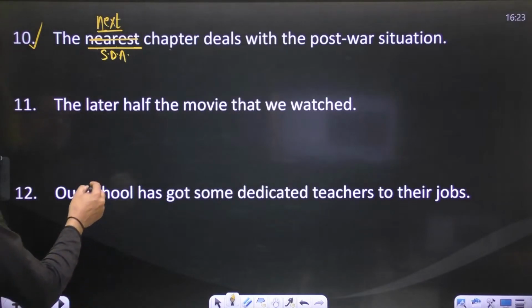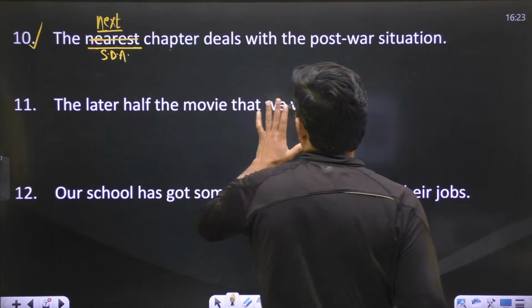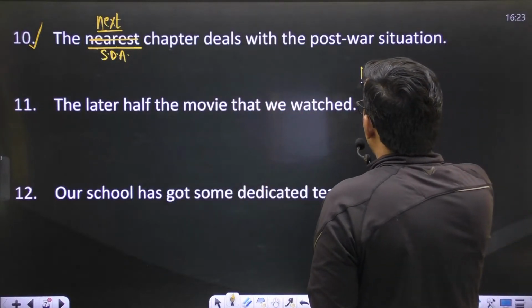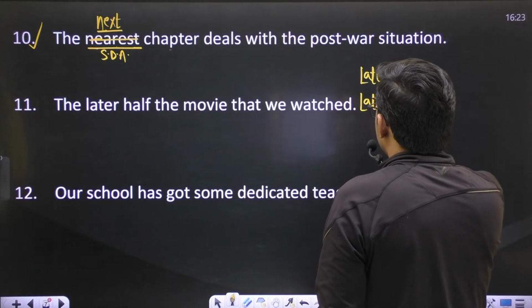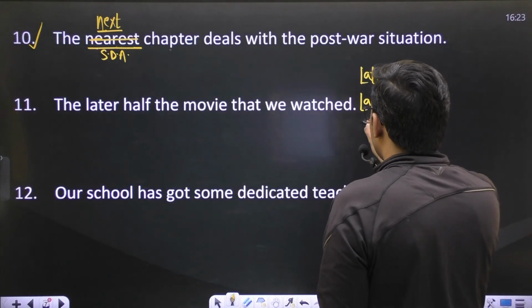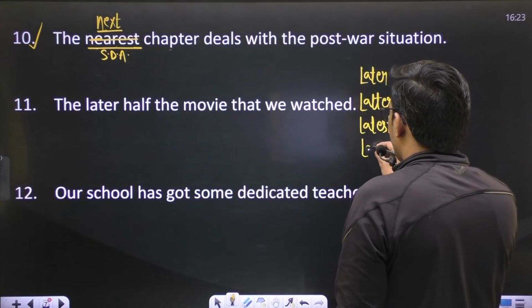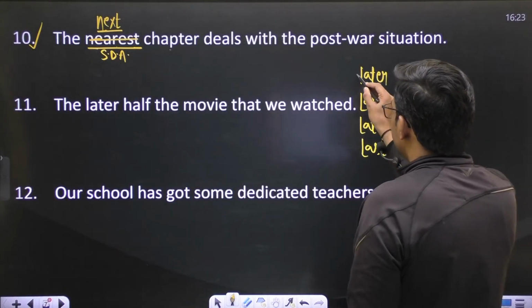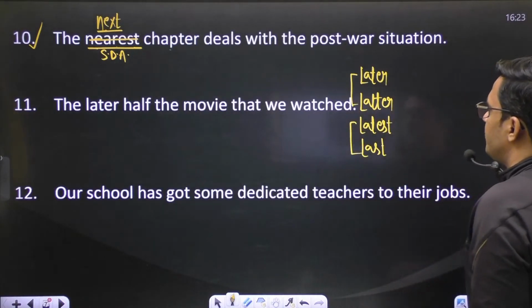Okay, next one is, the later half of the movie that we watched. You know, we have a word later, and another word is latter, right? One is latest and one is last. These are adjectives of comparative degree, these are adjectives of superlative degree.